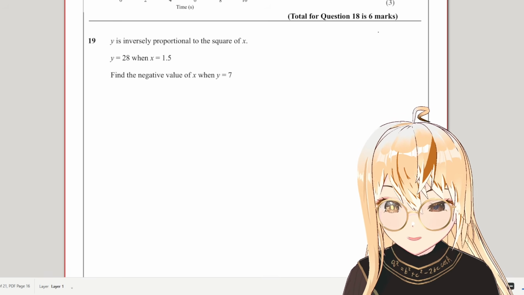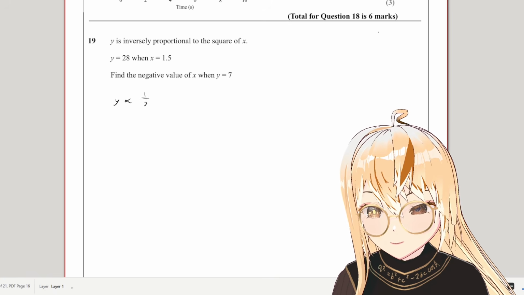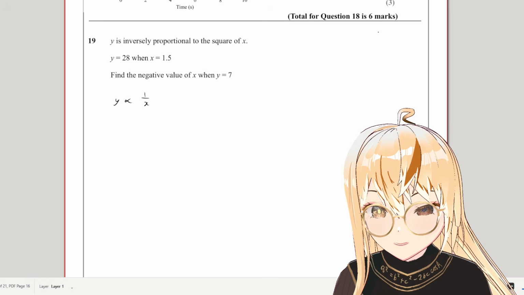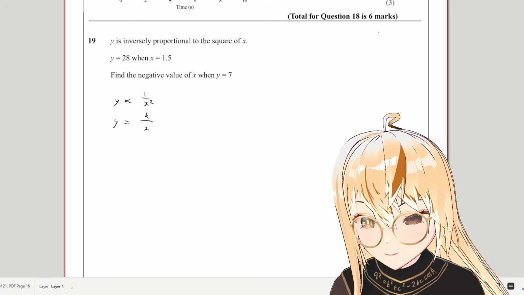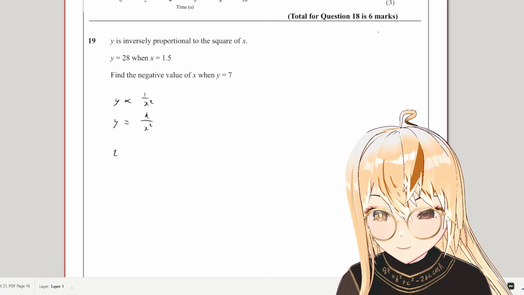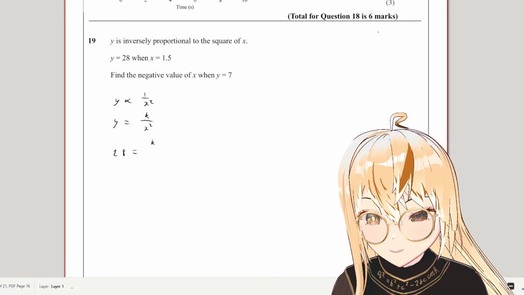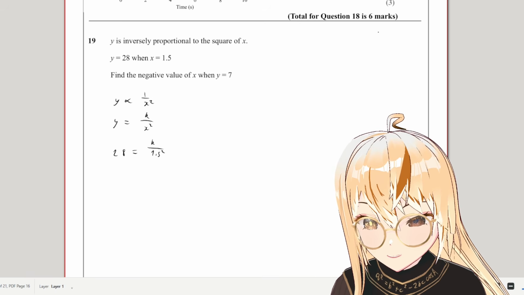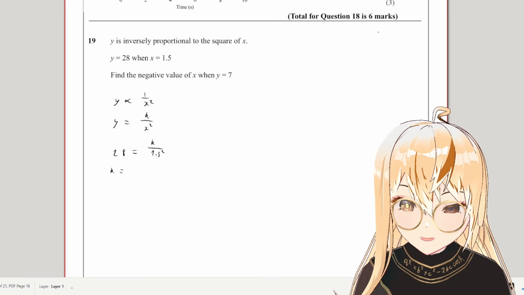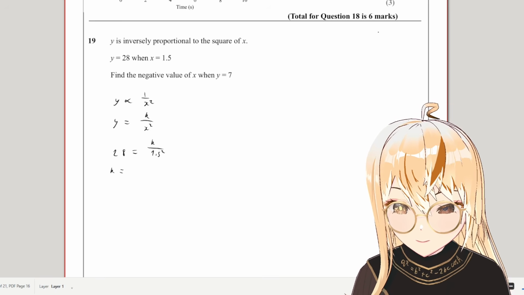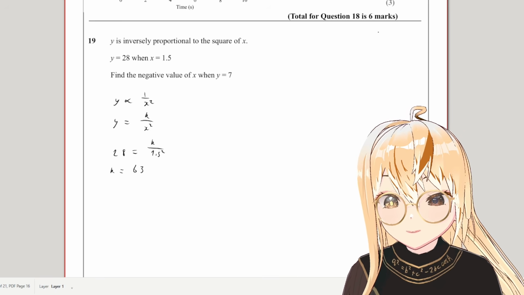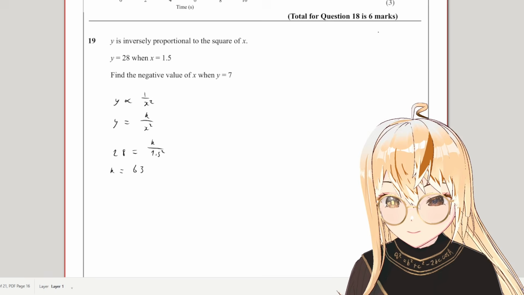So let's write out our proportions. It's inversely proportional, so it looks like that. So y equals, let's say, k over x squared, where k is our constant. And then 28 is equal to k over 1.5 squared, and then k is just 28 times 1.5 squared, which is 63. Find the negative value of x when y is equal to 7.